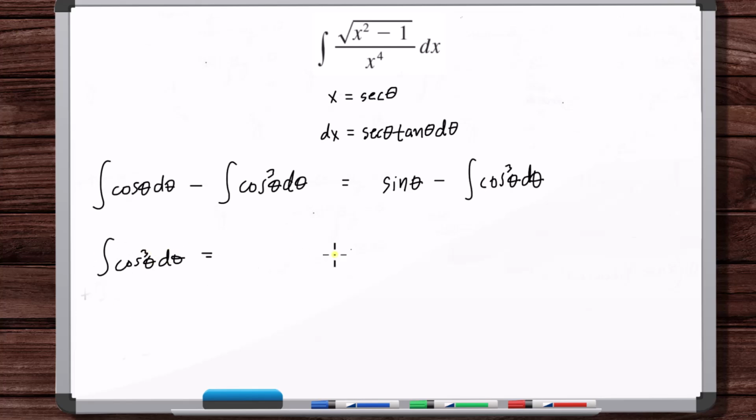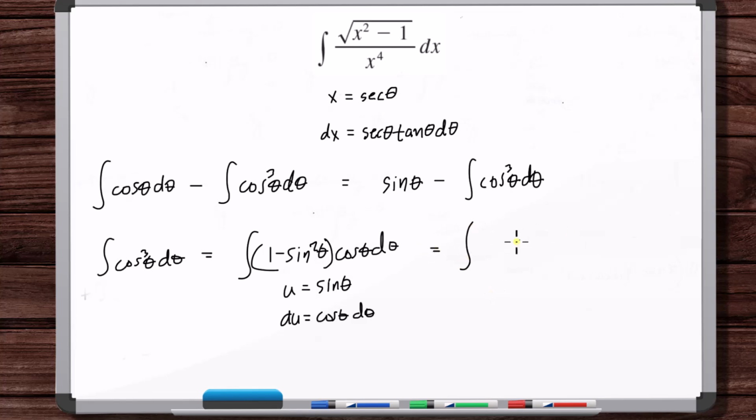And we know how to solve any power of cosine or sine by itself. What we do is we say 1 minus sine squared theta cosine theta d theta. Okay, so now u is equal to sine theta, du is equal to cosine theta d theta.